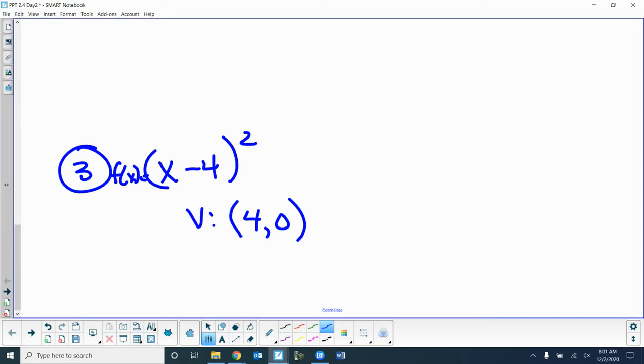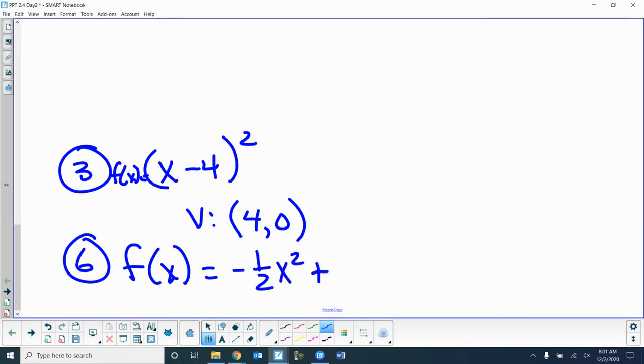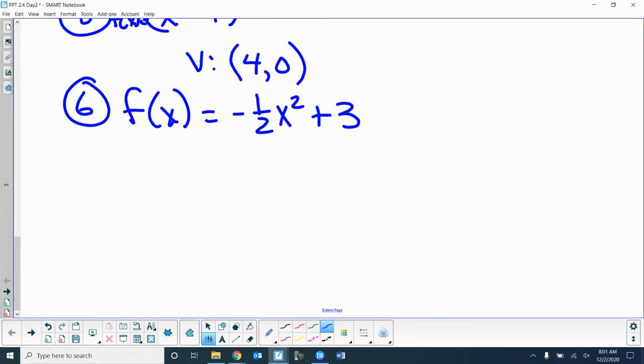And then number 6 was negative 1/2 x squared plus 3. Okay, so that wasn't in vertex form. So wake up, Workman.